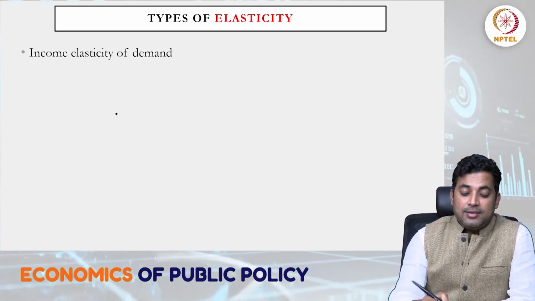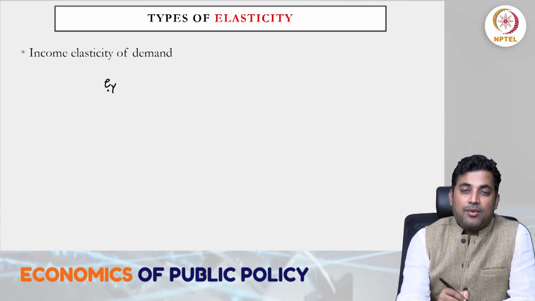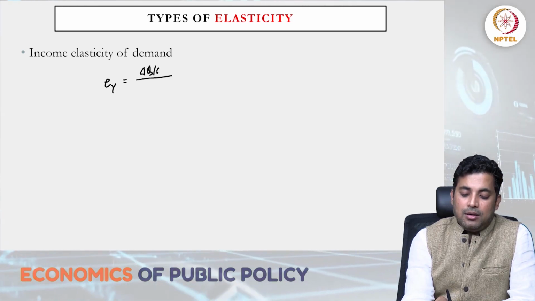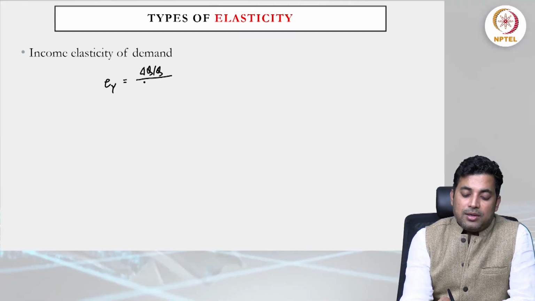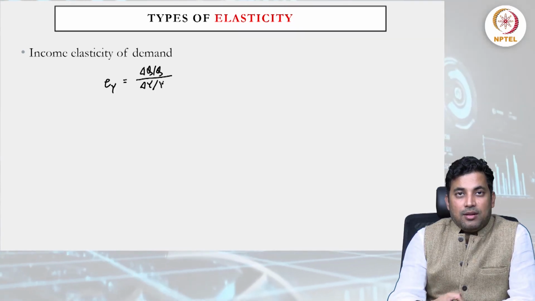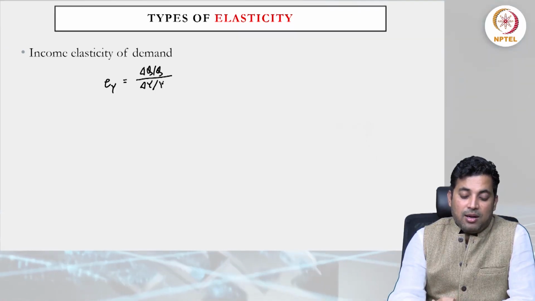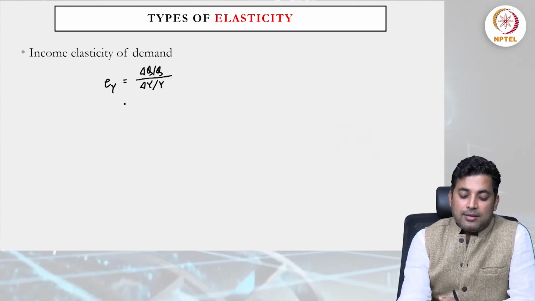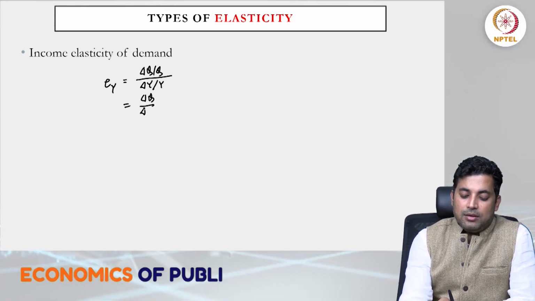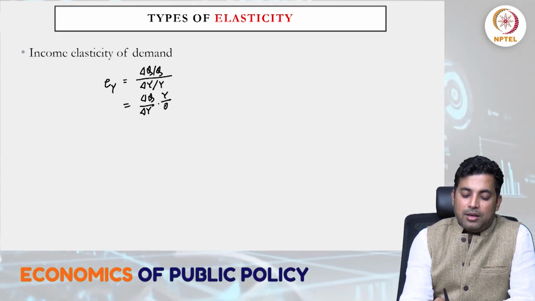So here we can write Y as income, and then the change in the quantity demanded for any commodity due to a 1 unit or 1% change in the income is considered income elasticity, and we can write it as delta Q by delta Y, times Y by Q.